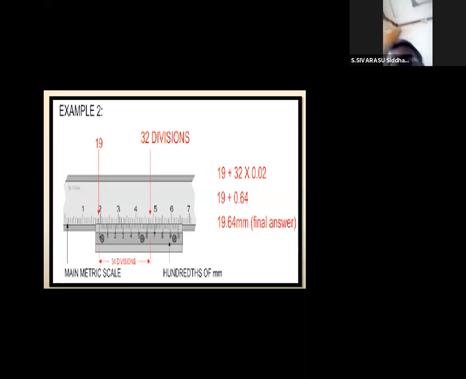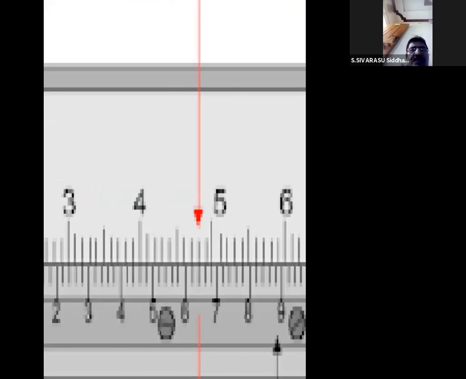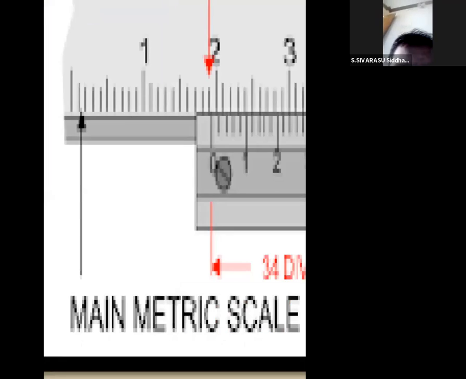The reading is where the main scale division starts. If the drawing is not visible, kindly zoom in and see where the Vernier scale division zero line begins, and which line of the Vernier scale division coincides with the main scale division.